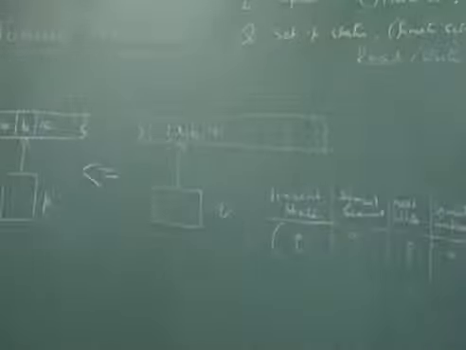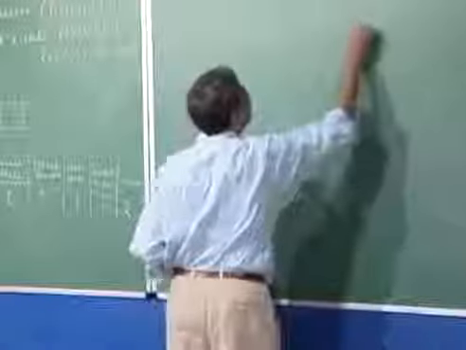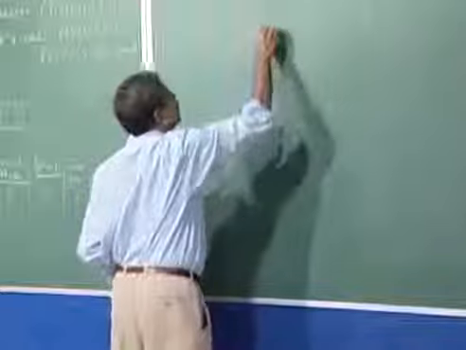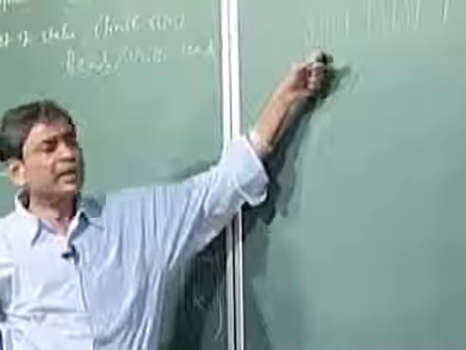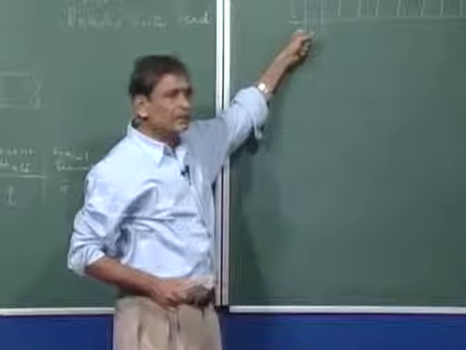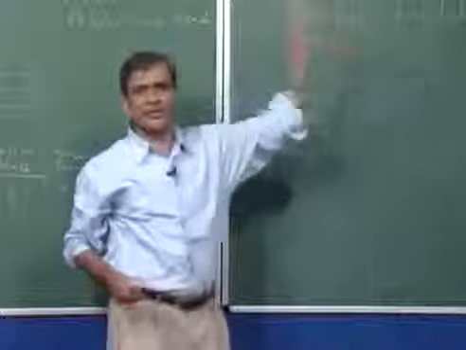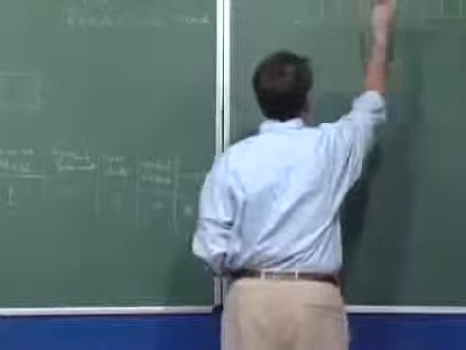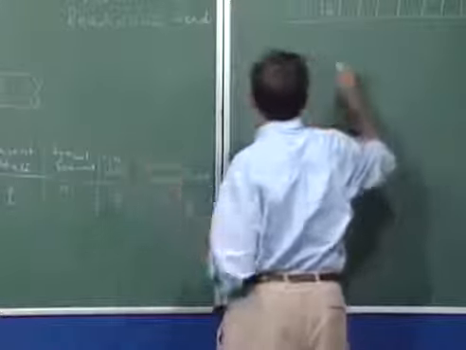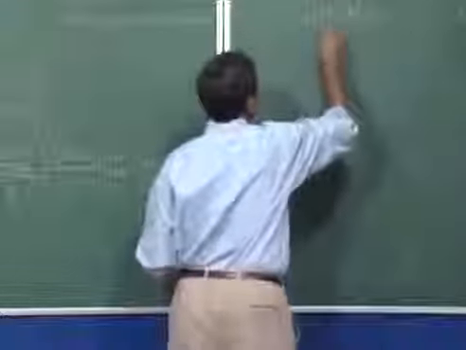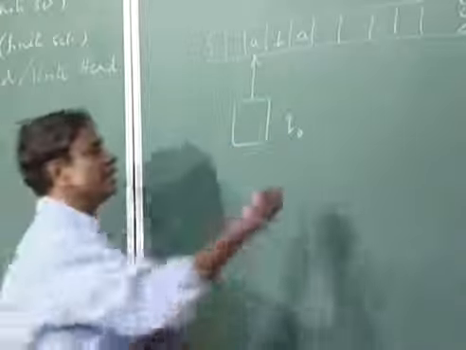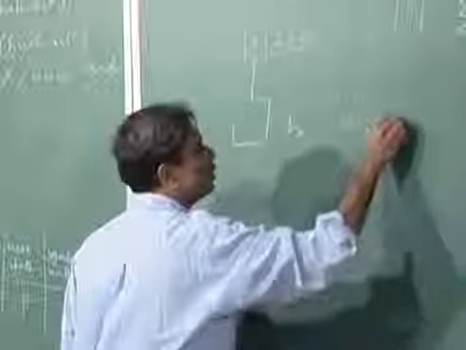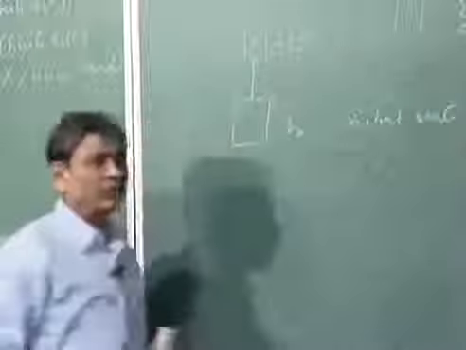So, initially we will assume that Turing machine is scanning the leftmost symbol of its input, which is written on this tape somewhere. So, let us say the input is ABA. Initially, the Turing machine is scanning this symbol in a state which we are denoting as Q0. Basically, this is the initial state of a particular Turing machine.